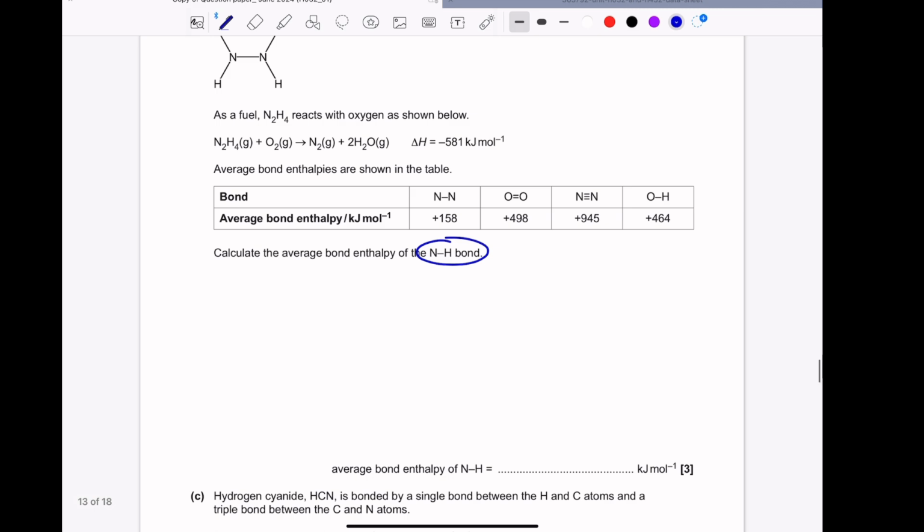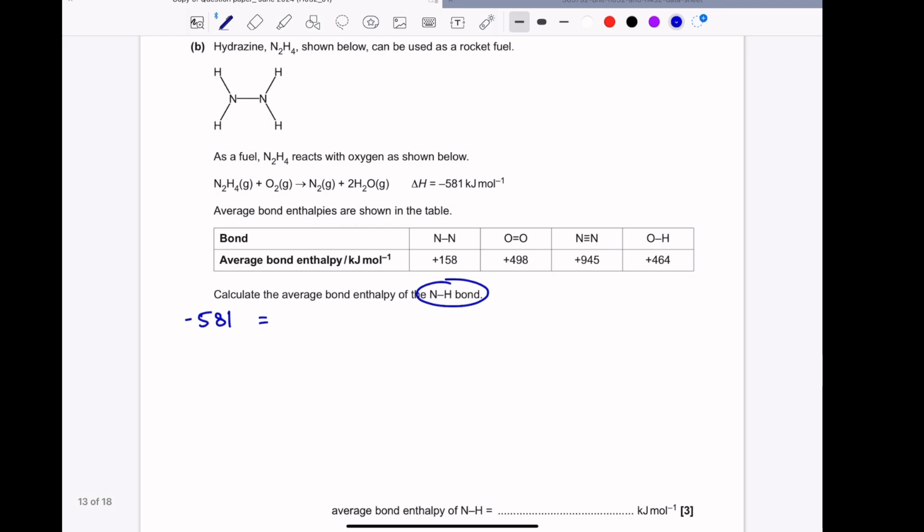So the way you can work out enthalpy is it's bonds broken subtracted by bonds made. So our delta H value is negative 581, and that's bonds broken, meaning the reactants. The bonds made are the products. So the reactant bonds that we are breaking is one NN bond, so that is 158, plus 4 NH bonds, but we need to work that out, so that's basically our 4x, plus the oxygen.